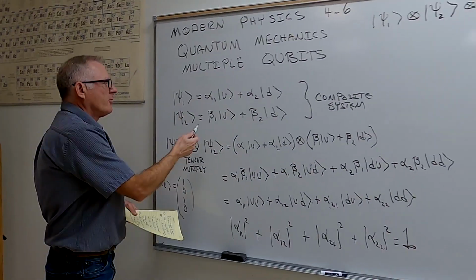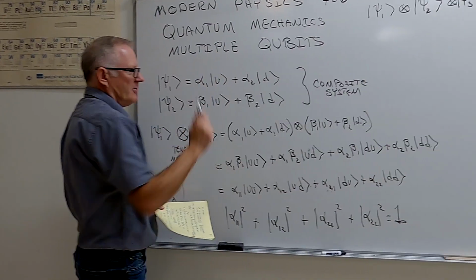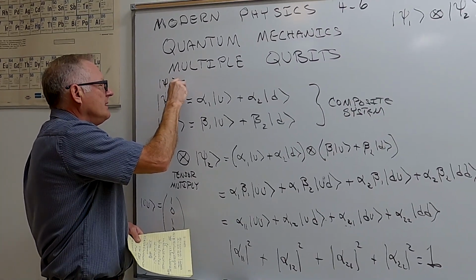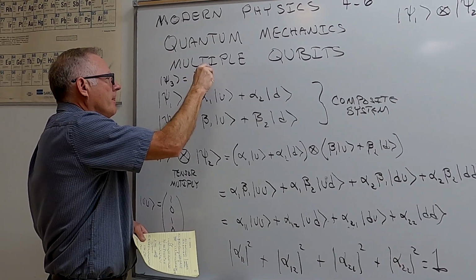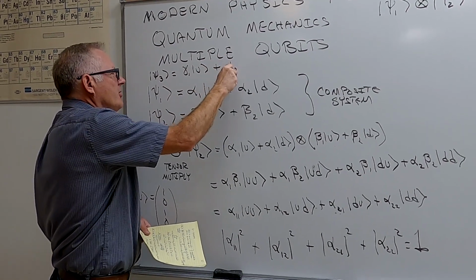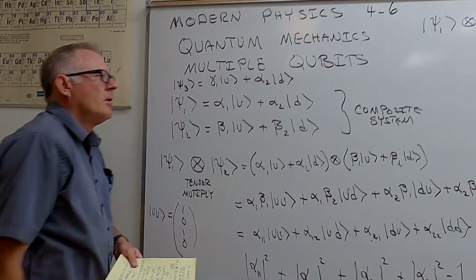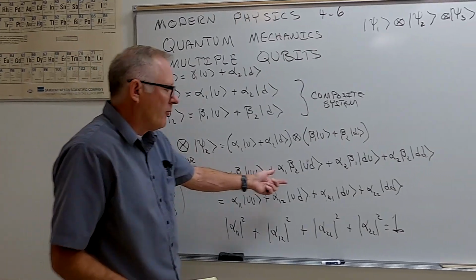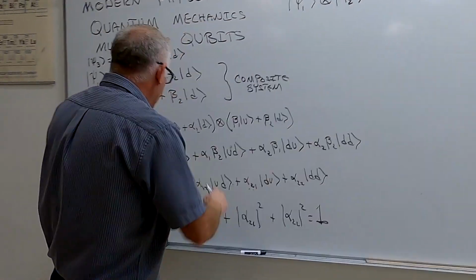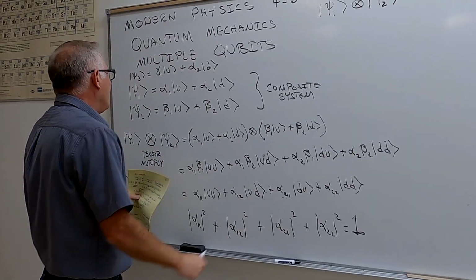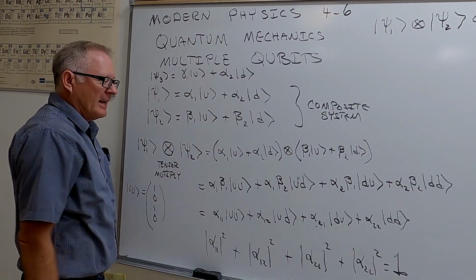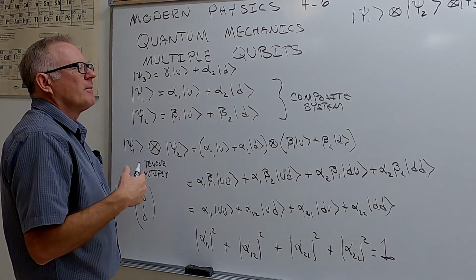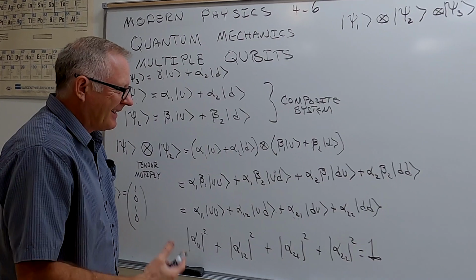Maybe psi 3 was equal to gamma 1 up plus gamma 2 down. Well, if I multiplied all that, I already multiplied 2 of them and got 4 terms. Then if I multiply this whole thing times my psi 3, I have to multiply each one by all of these. So I'm going to get 8 terms here.